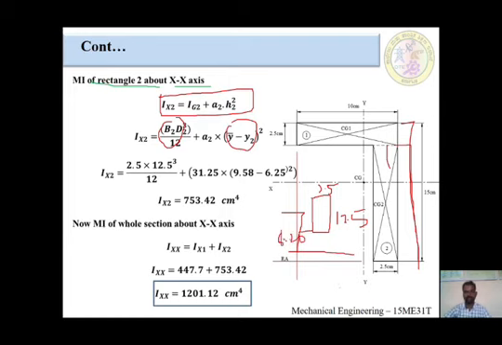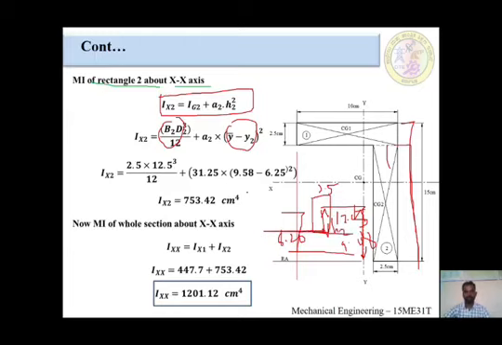From here to here is 6.25. Y bar value we got 9.58. Here is the y bar value, up to here 9.58. And this gap we call H2 value.